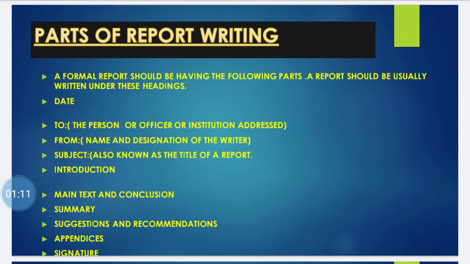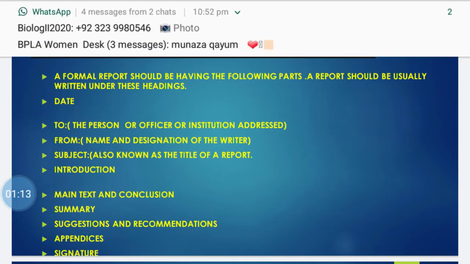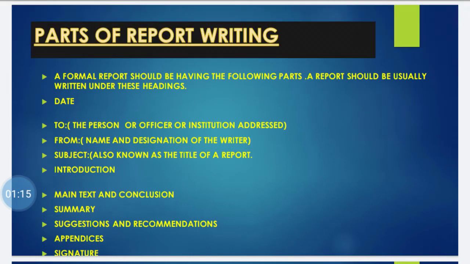First one, date. Second one is to. Now, in to, you are going to write about the person or an officer or any institution that you are going to address. Number third, from. Now, under from, you are going to write the name and designation of the writer. Number fourth, subject.